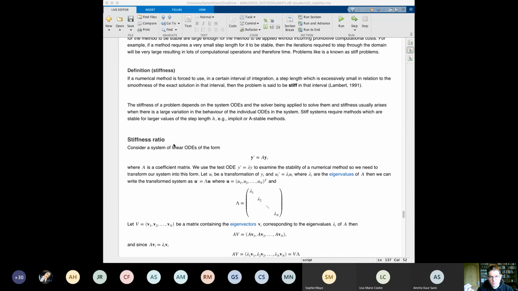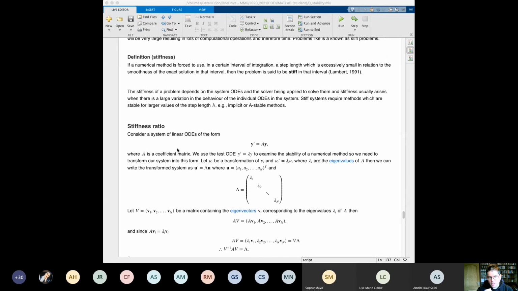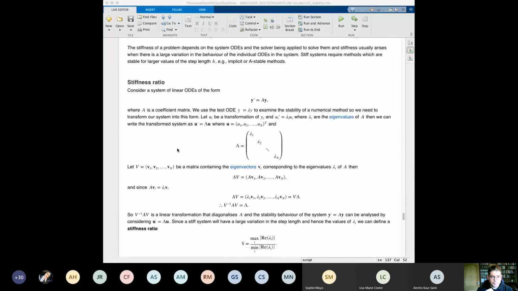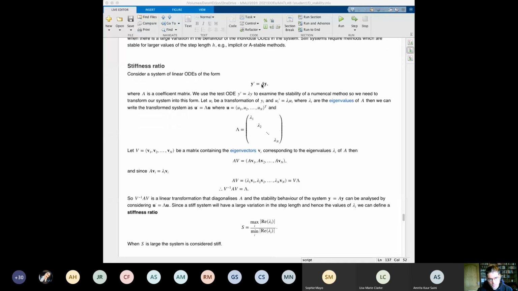We can give an indication of whether a system is likely to be stiff or not. Let's say we have a linear system of equations, y' = Ay, where A is some coefficient matrix. If we had, say, 10 ODEs, we'd have a 10 by 10 A matrix. When looking at the stability of a single equation, we use the test ODE, y' = λy.